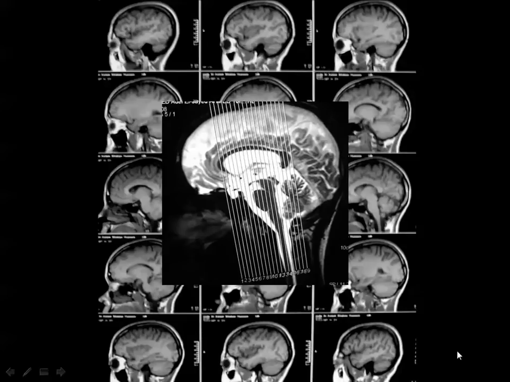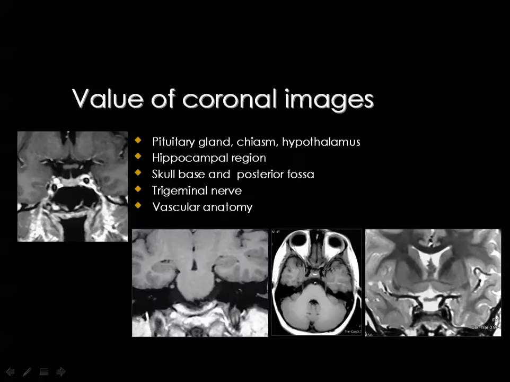Actually, if you are cutting exactly in the midline, you will see CSF in the interhemispheric fissure, like this T2 sagittal image, and this area is exactly in the midline, and it shows CSF within the interhemispheric fissure.